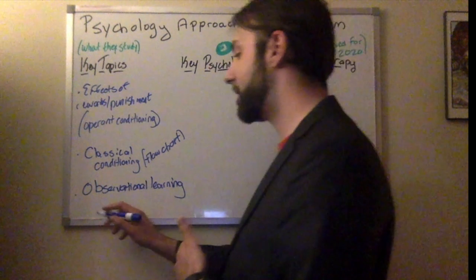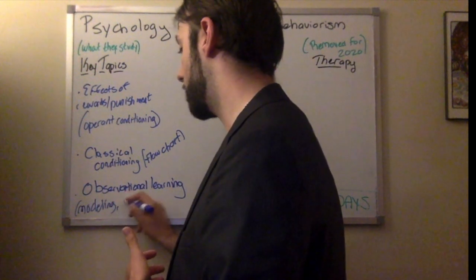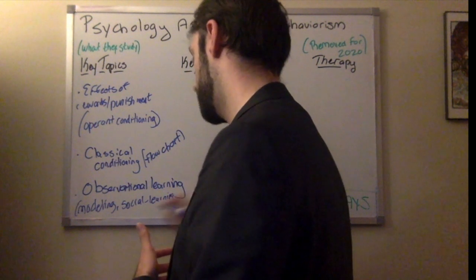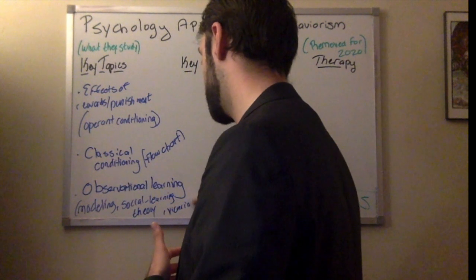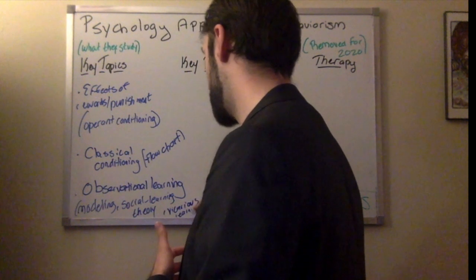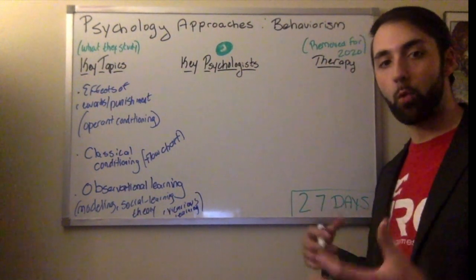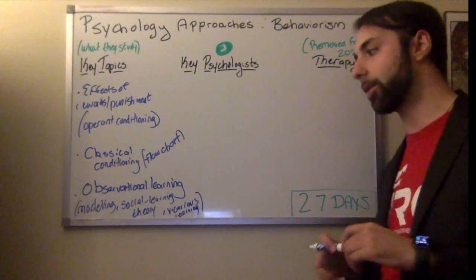However, it's not inconceivable that you see synonyms like the word modeling or social learning theory, or even something like vicarious learning to reference the process of observing another individual, observing whether or not they got rewarded or punished, and then choosing to either imitate that behavior or avoid using that behavior going forward.